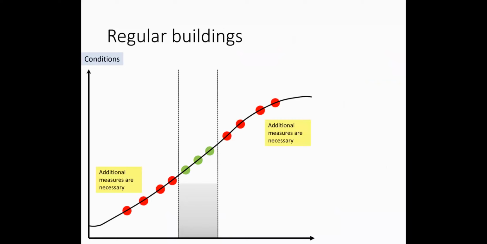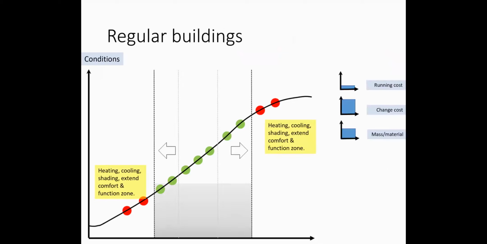When the conditions are such that the building by itself cannot offer that comfort or function anymore, then we need to have additional measures to make the building perform again. So very often we do that by adding heating, cooling, shading, changing aspects of the space, etc. With that, of course, we have to invest energy and materials to make this happen and work.